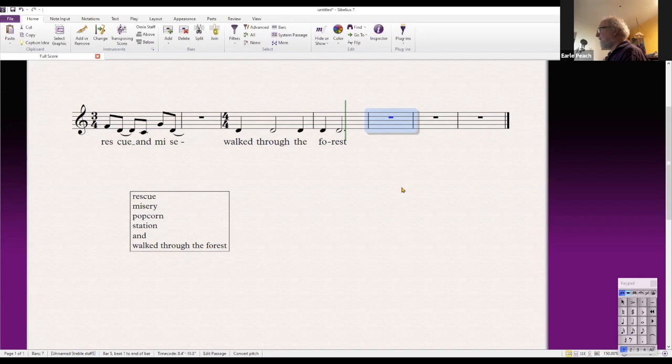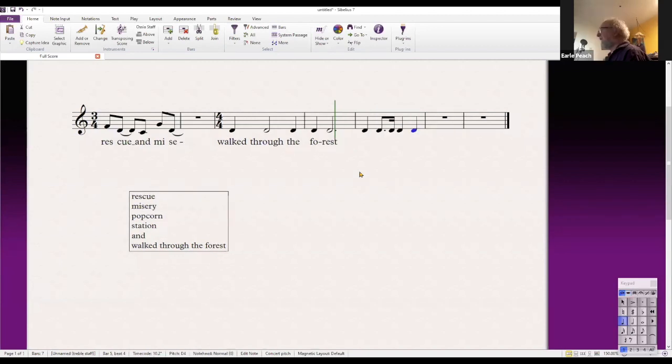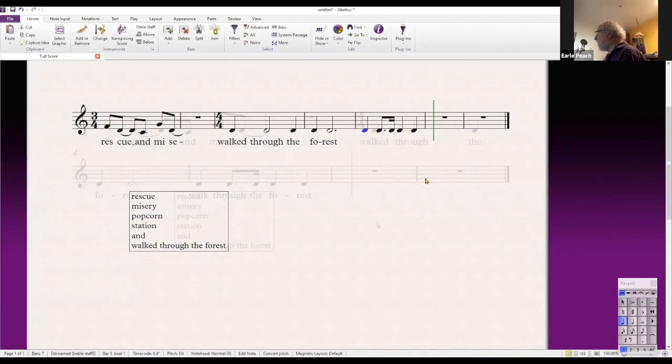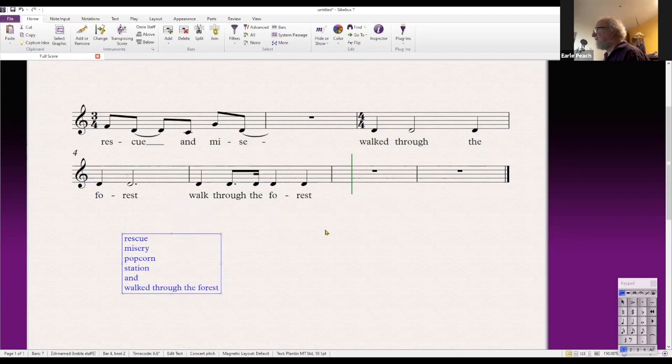Walk through the forest. You notice how the was really short? This is what it sounded like to me. That's a very different feeling, right? Keiko says, walk through the forest, and yours is, walk through the forest. It's like you're doing a completely different activity.